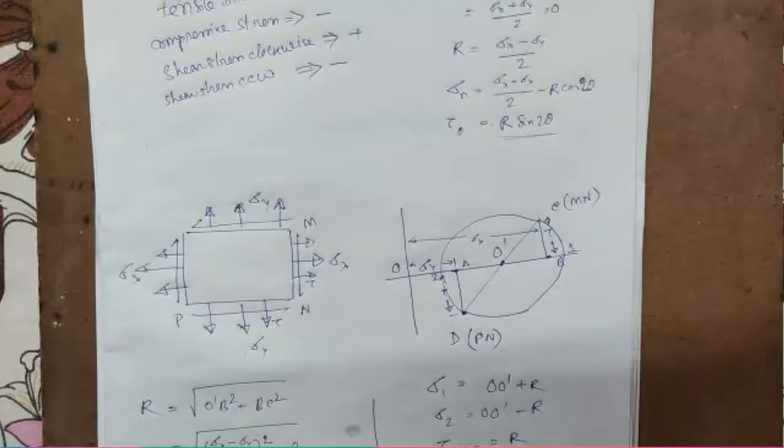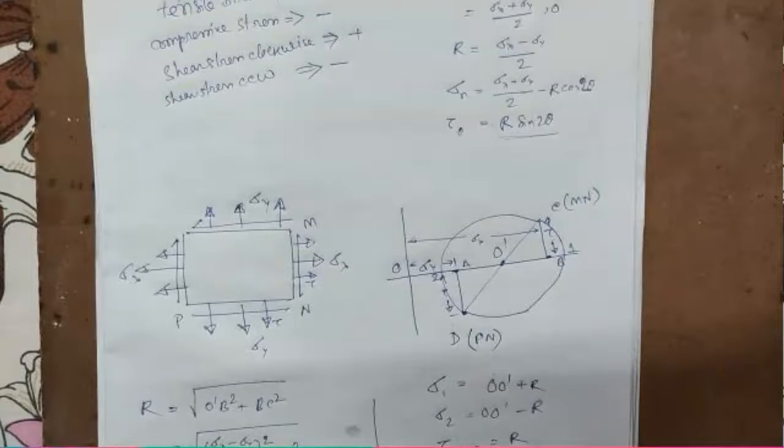Now, if shear stress is present in any direction, by the principle of complementary shear stress that we have learned previously, to counter that shear stress, there will be another complementary shear stress of same value but in opposite direction working from the other plane.